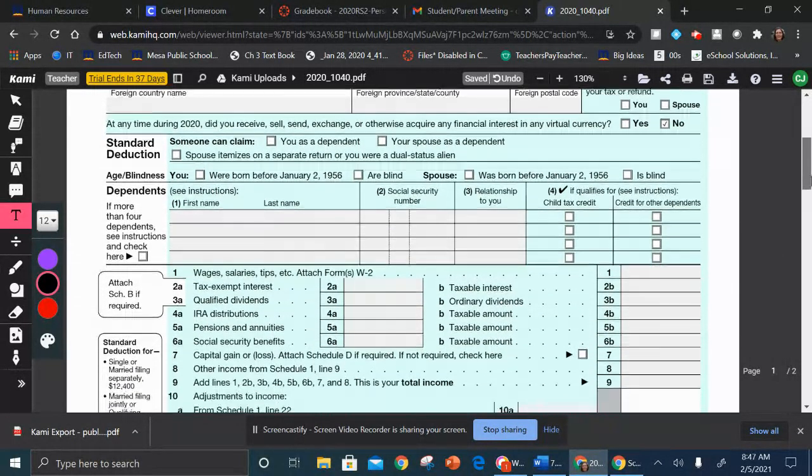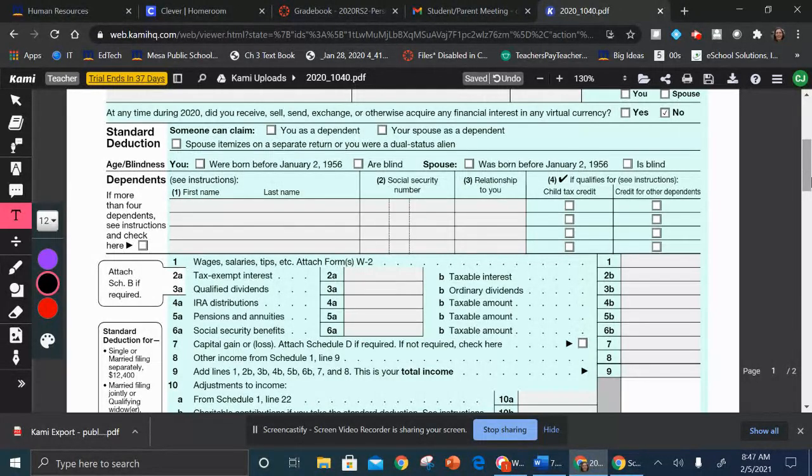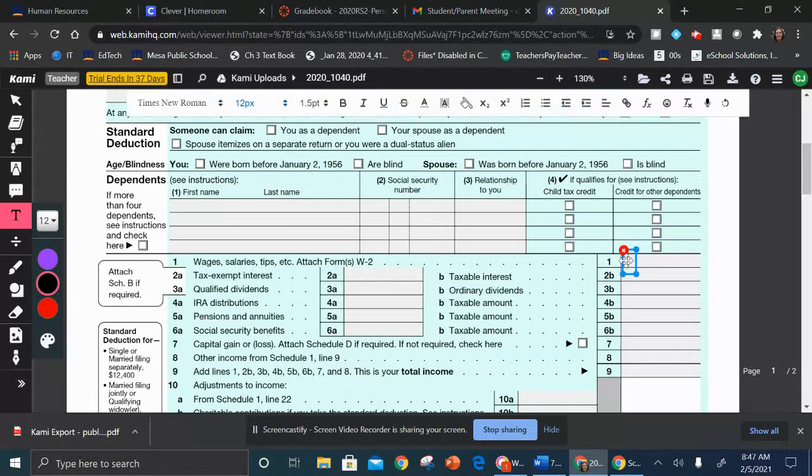Okay. And then we're going to fill out this. Okay, so this is from box 1 on the W-2 form. Okay. And we had what it was $83,600. Okay. We had interest.